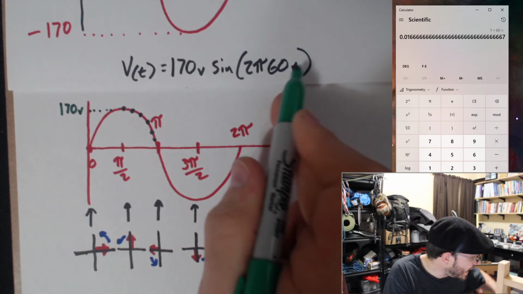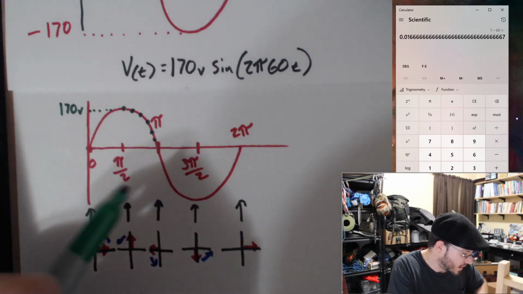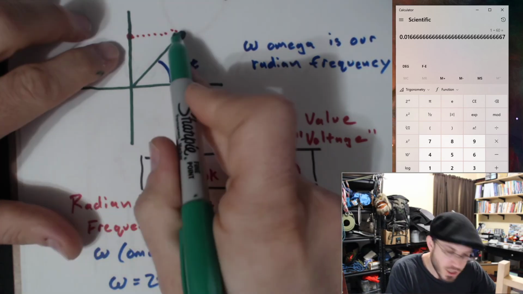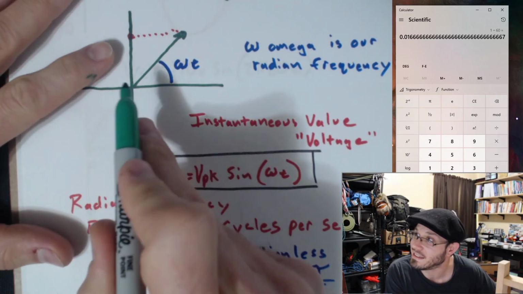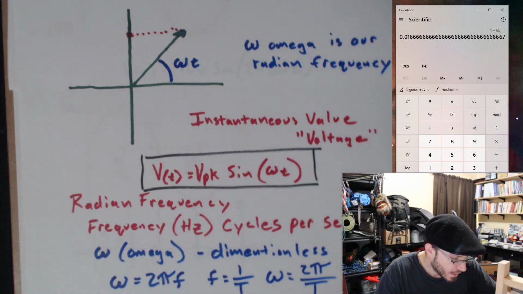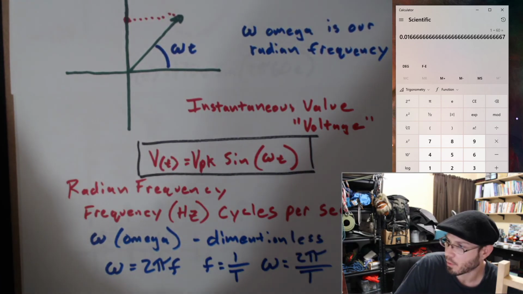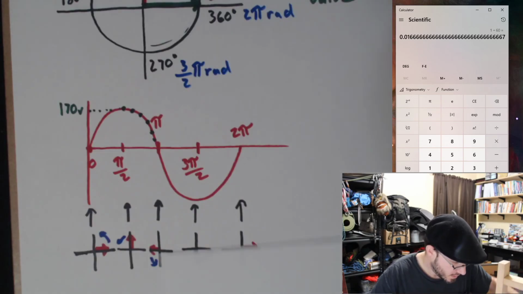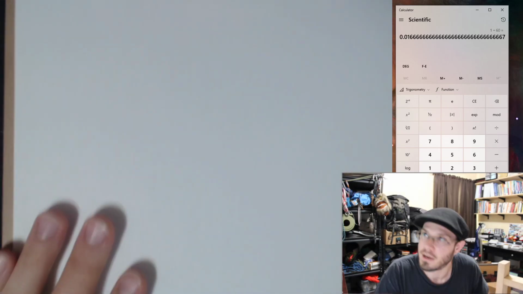So this is why I was saying the projection along the y-axis is your instantaneous value. Let me actually draw a couple of different examples here that I think are going to help.